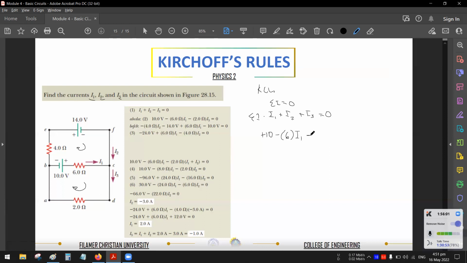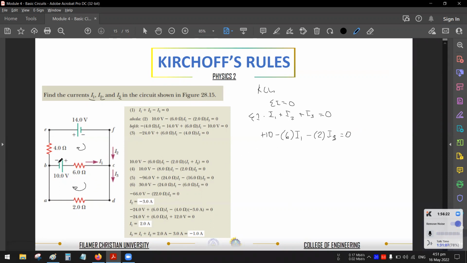So, we have minus 2 times I3. Then, this is equal to 0. Ayan. So, this is for our first loop.